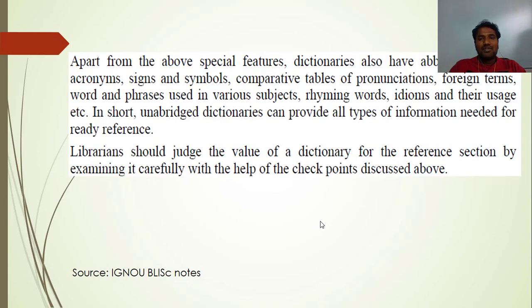Apart from the above special features, the dictionary may also have abbreviations and acronyms, signs and symbols, comparative tables of pronunciations, foreign terms, words and phrases used in various subjects, rhyming words, idioms and their usage, etc.